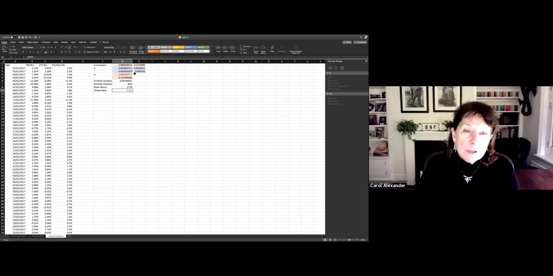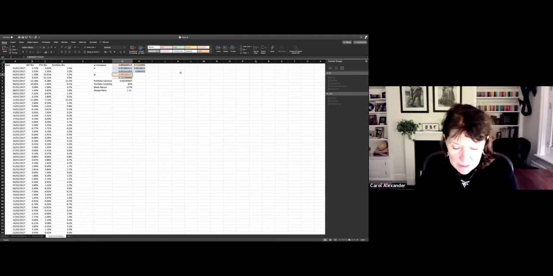If I were to put this back to 0.5, for example, an equally weighted portfolio before optimization, then the Sharpe ratio would be 1.57. So just because you get a minimum variance doesn't mean you maximize the Sharpe ratio. Equally weighted portfolios are very difficult to beat very often.